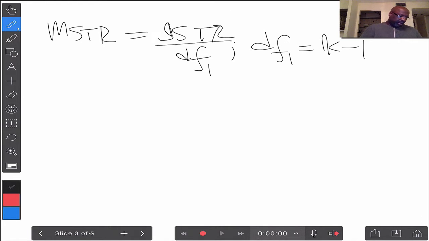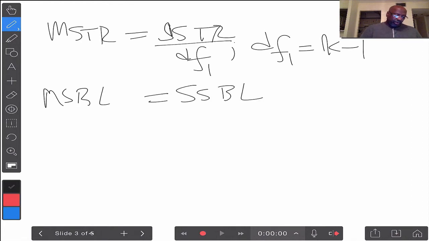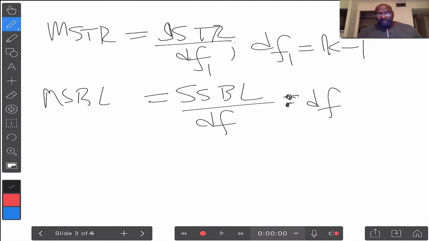Now, MSBL, if we wanted to find that, would be SSBL over DF, and that degrees of freedom, I'm not going to call it 2 because I normally use 2 to refer to the denominator degrees of freedom, which will be for SSE in this case.